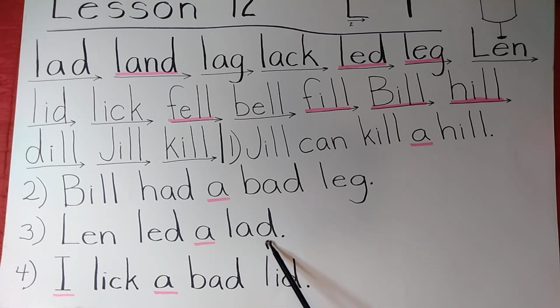A lad is a young boy, and if Len is older, he might lead that young boy to a place like finding his room at school, or getting him back to where he's supposed to be if he's lost, or finding his parent in a store or something like that. So I would put true, it's possible.